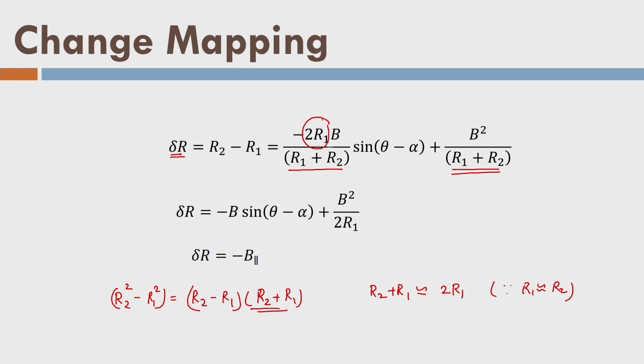This will be cancelled out with this factor here, and finally I will have b times sine of theta minus alpha. What about this factor? Again it becomes 2R1, and b square by 2R1 is going to be 0 here. As a result, delta R is equal to minus b into sine of theta minus alpha, and this is the baseline length parallel to the look direction. By this logic, we estimate the delta R for change detection.